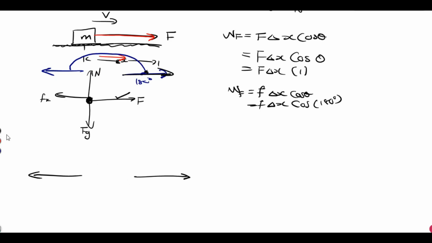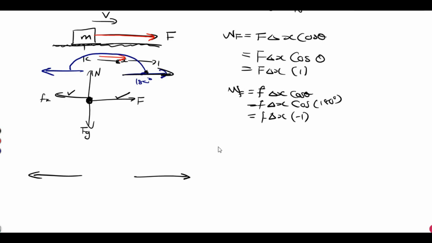So from here, we have F delta X cos 180. But cos 180 is what? It's negative 1. So we have delta X multiplied by negative 1. Okay? So now we have the work done by that.